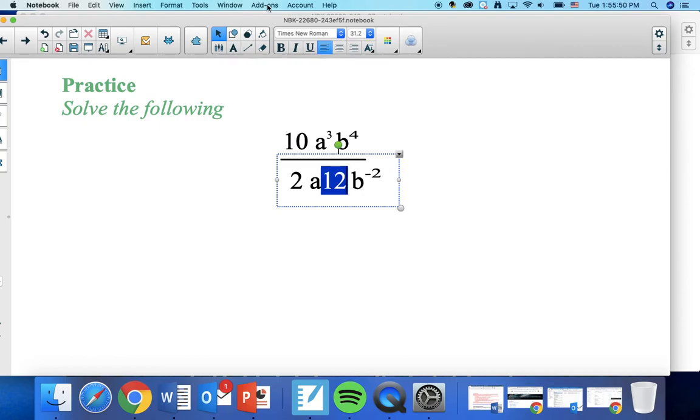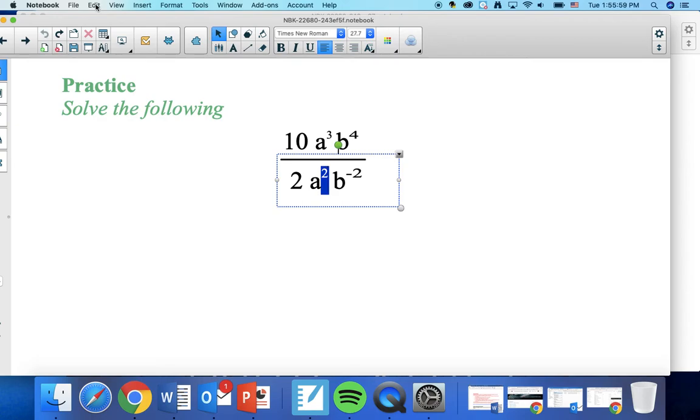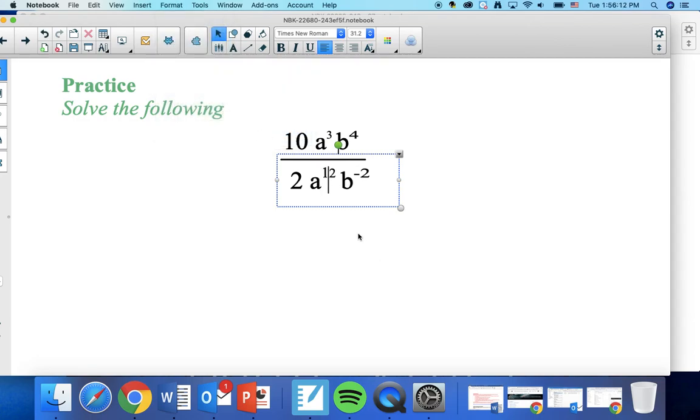I'm going to make this to the power of 12, using superscript, and then we'll do this one.